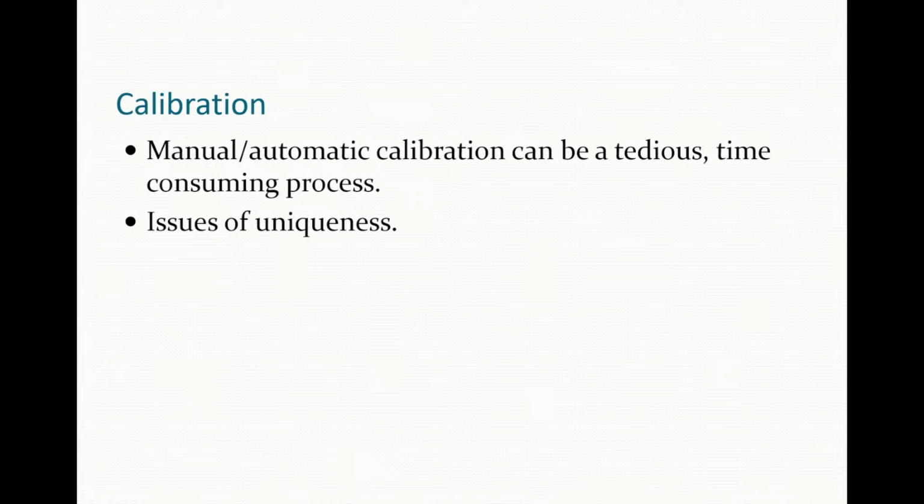And there are important issues of uniqueness. If you calibrate the model for a certain time, would it be applicable to other times? Also, different combinations of parameters can give you the same answer. So the aquifer should be unique, but it's not exactly that through modeling.